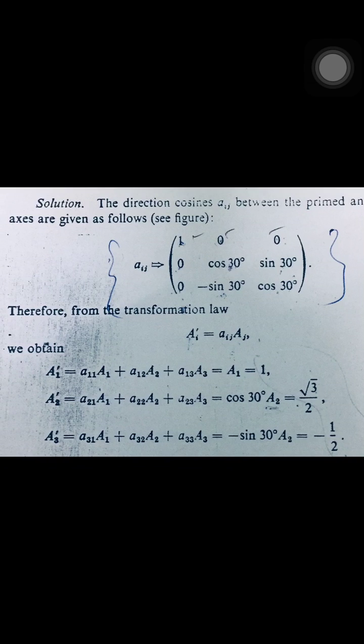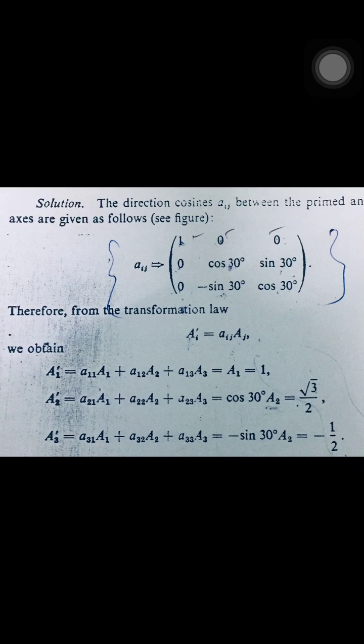The values of the components given to us are 1, 1, 0. After rotating by 30 degrees, we got 1, root 3 by 2 and minus half in the next Cartesian coordinate system.